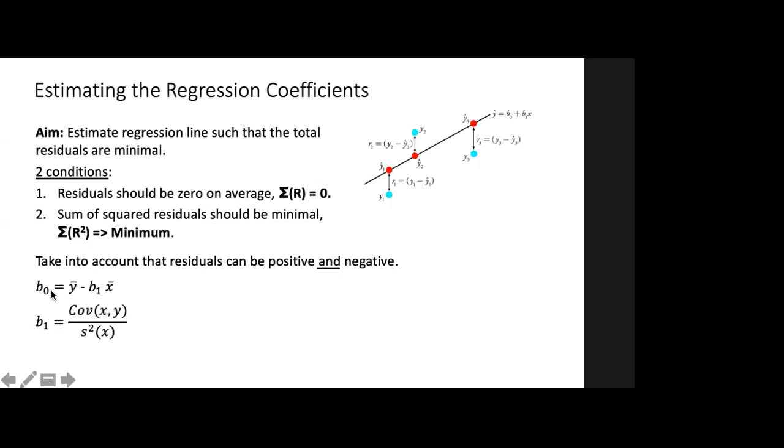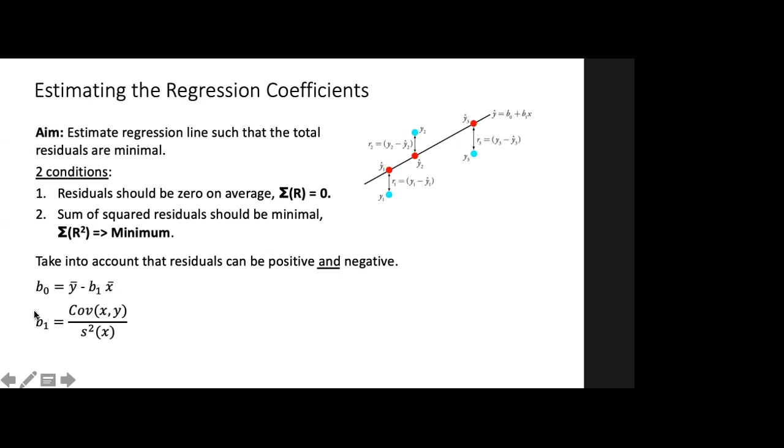All right. And if we do that, then our intercept is simply calculated as the difference between the mean of our outcome variable and the weighted mean of our predictor, right? It's weighted by the slope of our regression model.